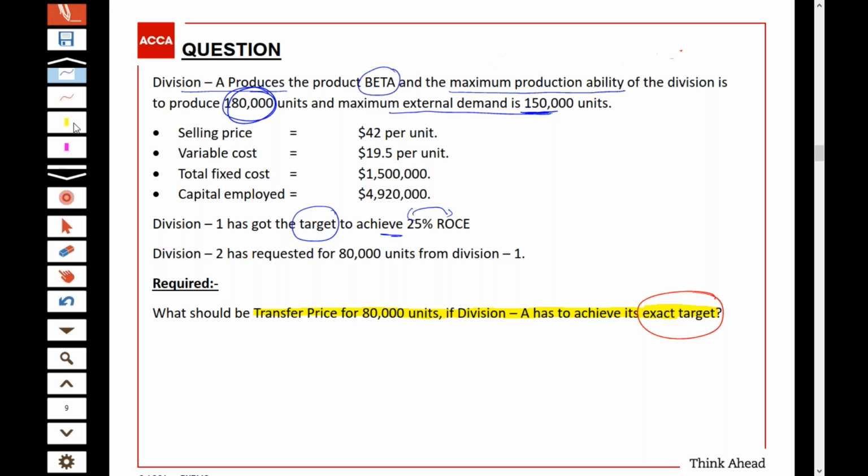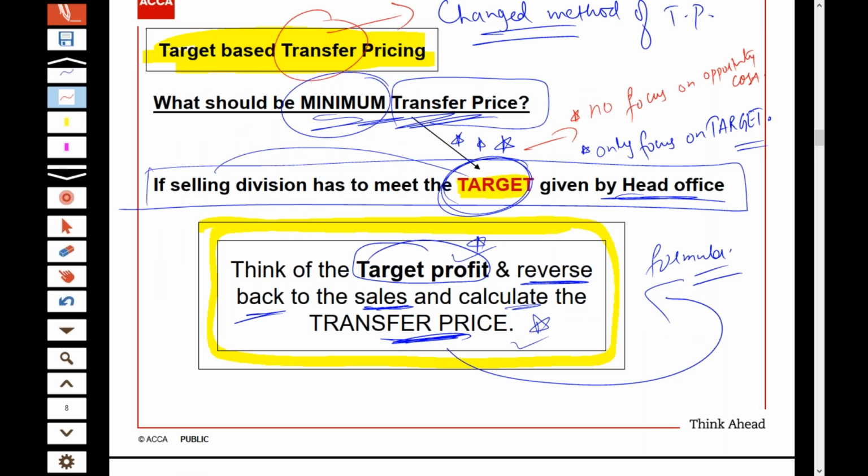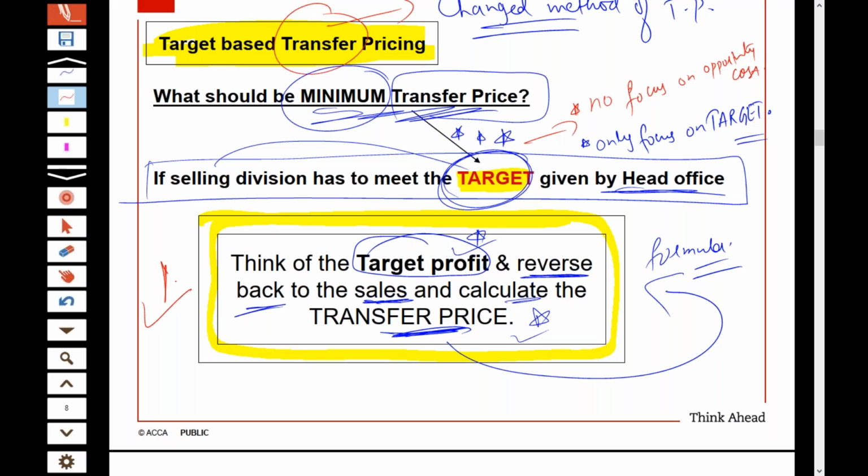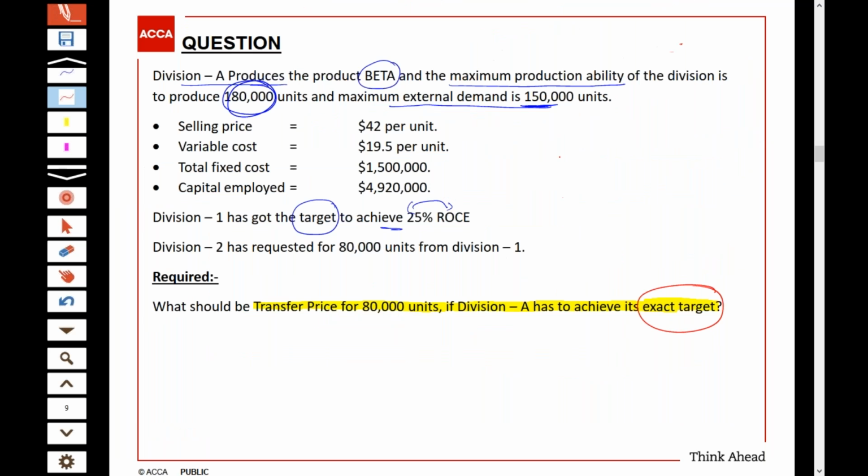Return on capital employed. And what trick did I give you? Just think of the target profit and reverse back. Okay, sir, what is the target profit? Sir, the target profit is 25% ROCE, 25% of capital.